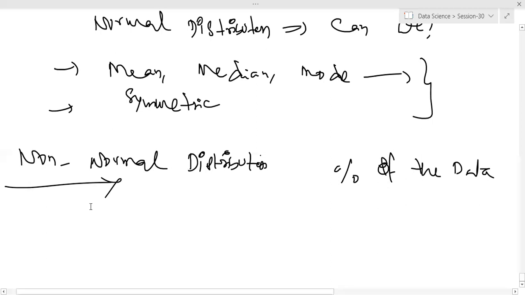With the help of the normal distribution, I could observe that my distribution spans mu plus or minus 1, 2, or 3 standard deviations. Now what if my distribution is non-normal? Is there any use case or formula to find the percentage of the data? That we are going to see in the next session.